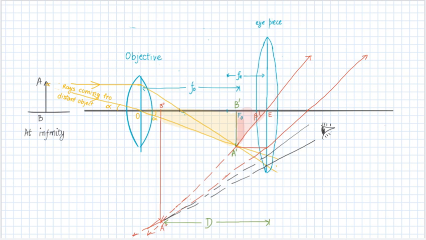What about B dash E or E B dash? E B dash denotes your object distance for the eyepiece, denoted by U E. And in this case, will it be positive or negative? It will be negative since it is in the direction opposite to the incident light.